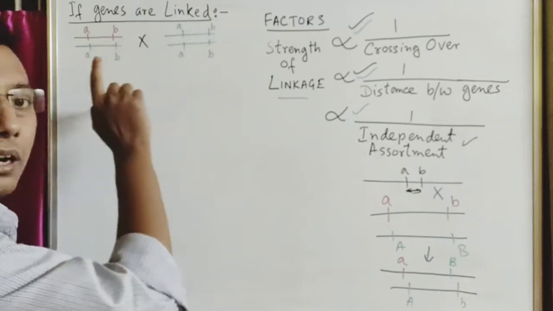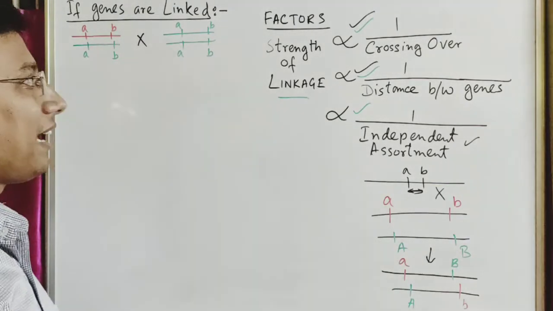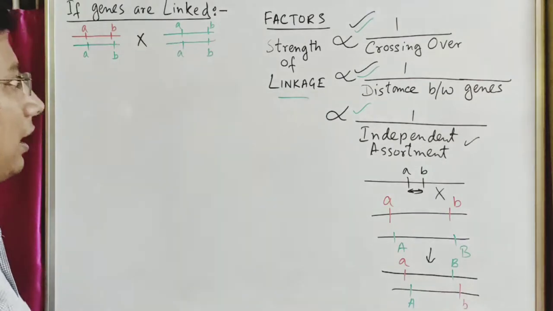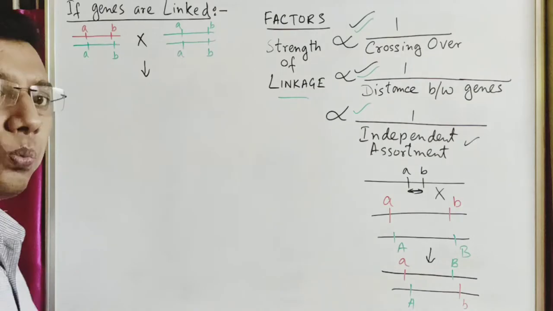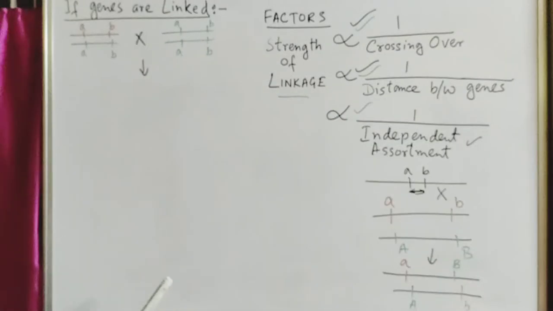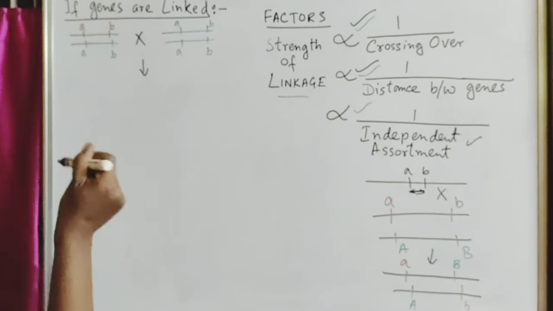So these are parents, and as we know, after that they will produce the gametes. So what will be the gametes?